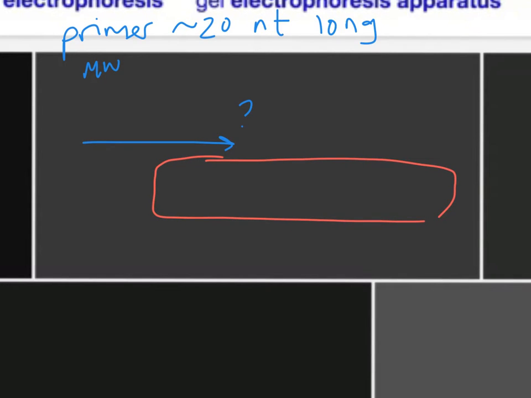What's all of that? The first time my students do PCR, they focus on all that bright stuff at the bottom of the gel. That's where the primers are, because there are two sources of DNA in the PCR reaction. There's the one template molecule you put in, or few, which you can't see because there are so few of them. You can never see that small number of DNA molecules. There are the PCR products, and then there are the primers.